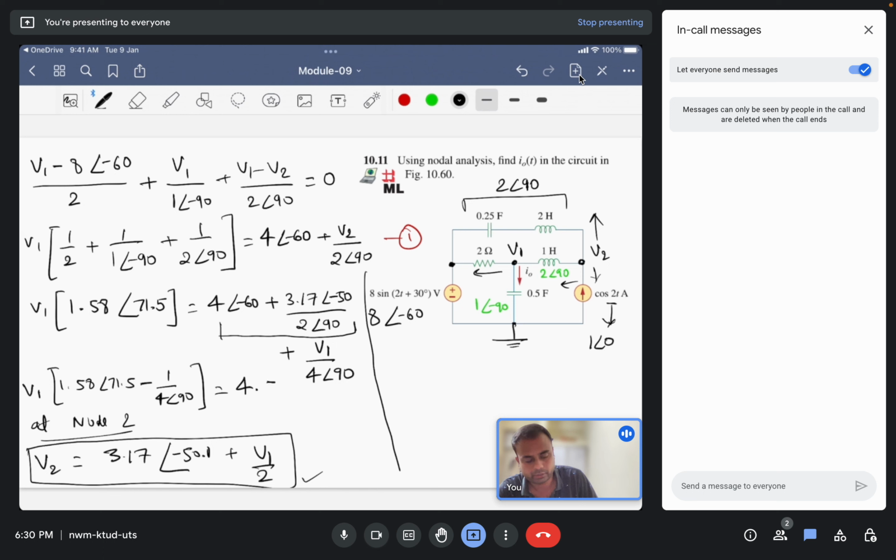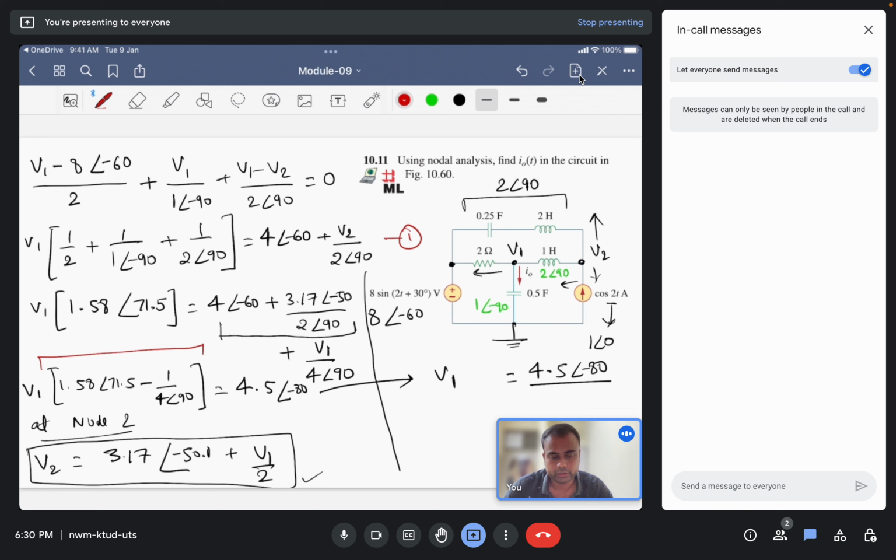This is 4.5, angle is minus 80. Okay, so we can again rewrite this. So we have V1 is equal to 4.5 angle minus 80 divided by the simplification of this part. So this part will come in the denominator.